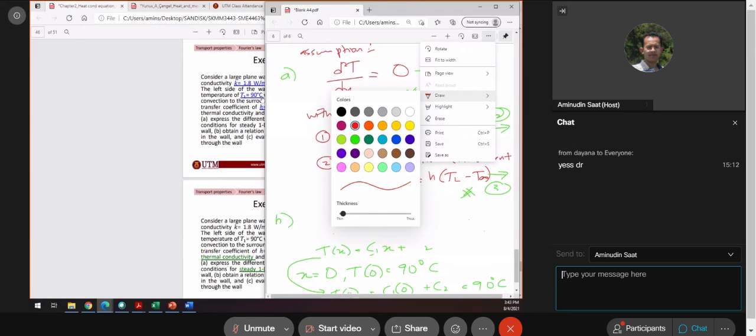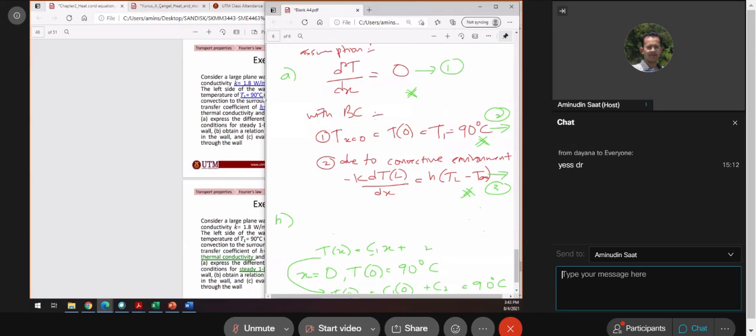So using this second boundary condition, at x equals L, you know that T(x) equals C1x plus C2.